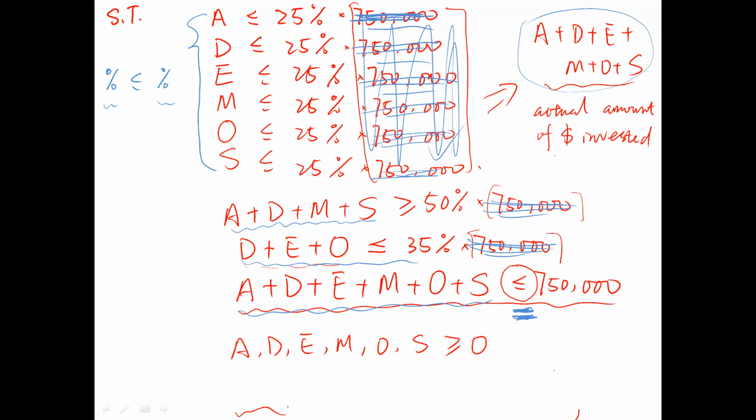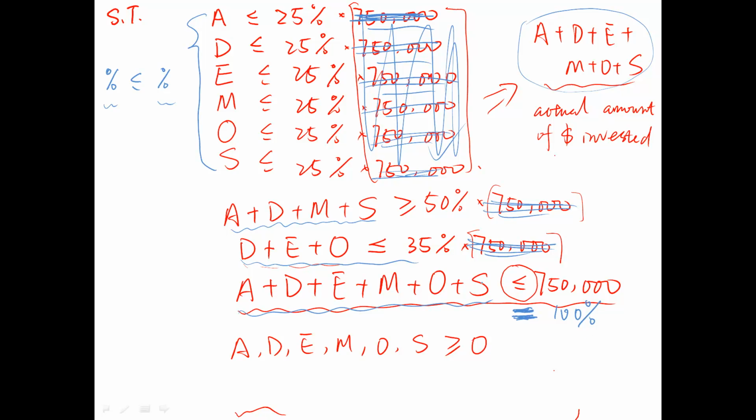What about this last one? The total percentage in all the investment bonds needs to be less than or equal to 100%. Right? So we want to make sure that we don't invest more than 100%.